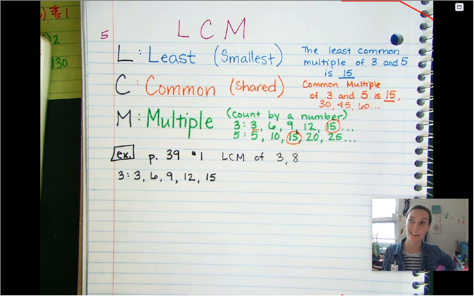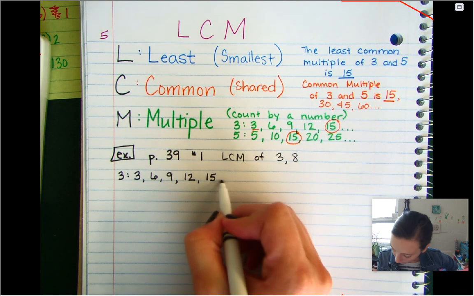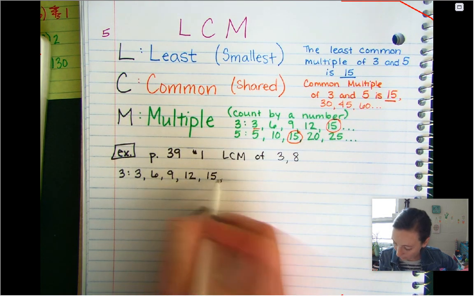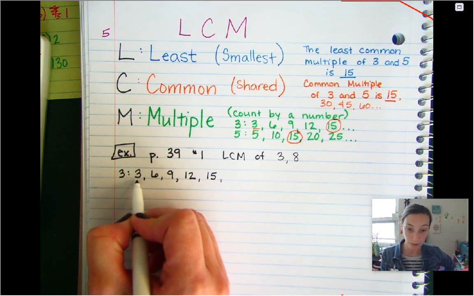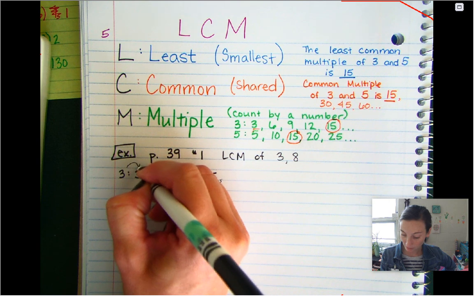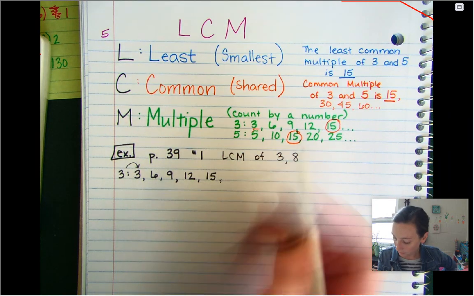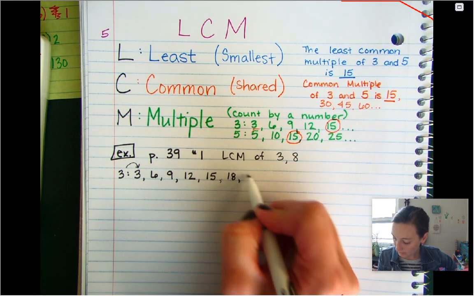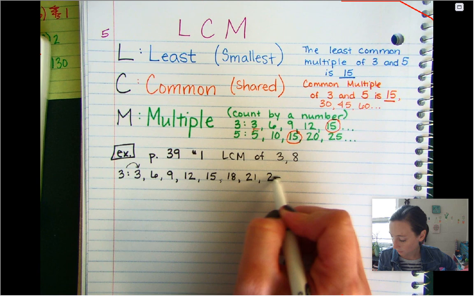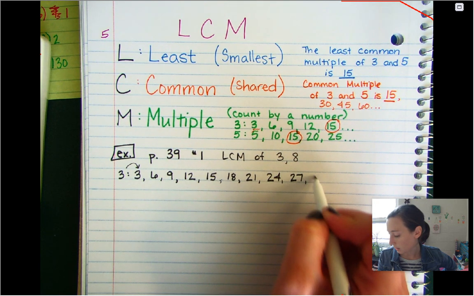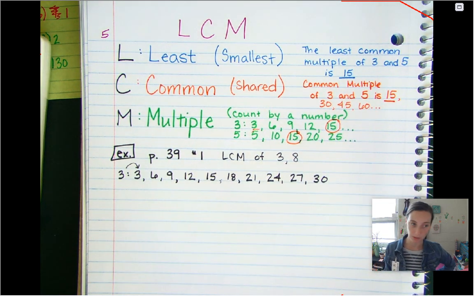Just seems like 8 is usually long enough that it's shown up, and if not, oh well. Notice that the first multiple of 3 is 3. Because if I'm counting by threes, the first number I'm going to say is 3. 3, 6, 9, 12, 15, 18, 21, 24, 27, 30. We'll do 10 just for good measure.